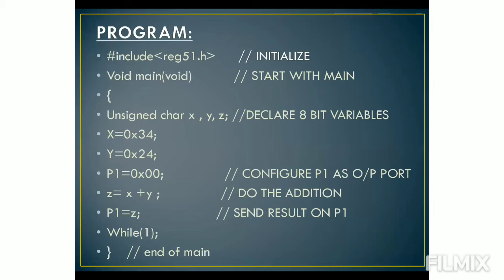Means the result of addition is sent to this port P1. Here P1 acts as an output port, while 1 semicolon. Next you have to use closing curly bracket. This indicates end of the main.